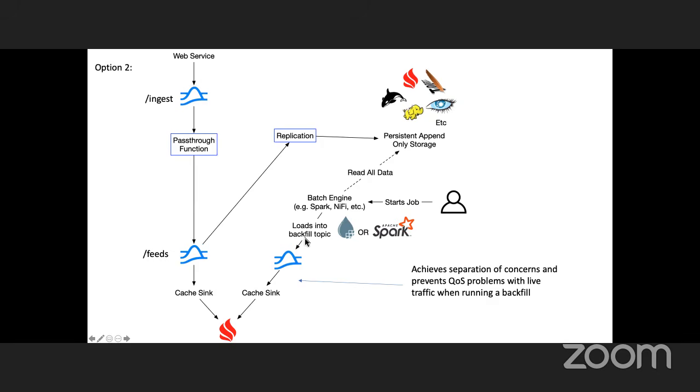You have separate control and separate visibility into these two different pipelines. That way you can ensure that the data still coming in real time makes it into your cache as quickly as possible, and you're not slowing that down. You could potentially apply rate limiting, and there are other things you can do to make sure you're not interfering with the real-time path. Also, with metrics and visibility, like in Prometheus if you're using that, you can much more easily see what's going on in the two different paths. So this makes things a little bit cleaner.